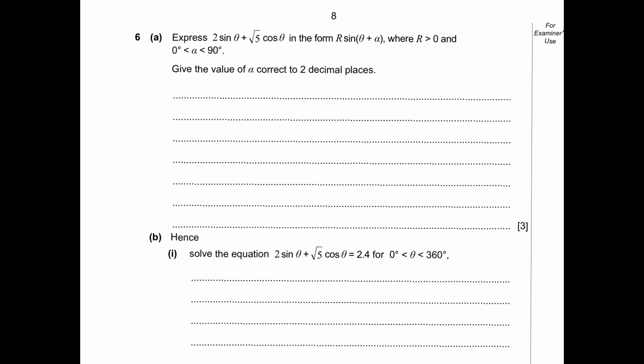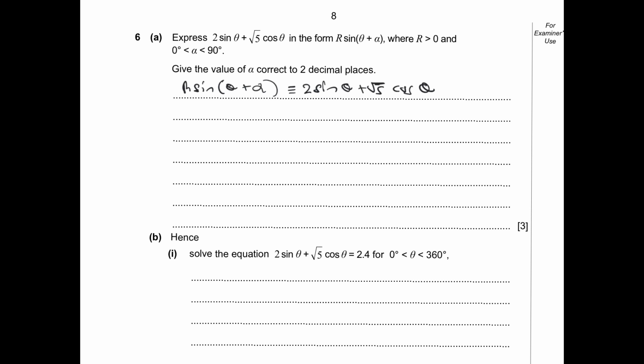So we are saying r sine of theta plus alpha is identical to 2 sine theta plus square root of 5 cos theta.